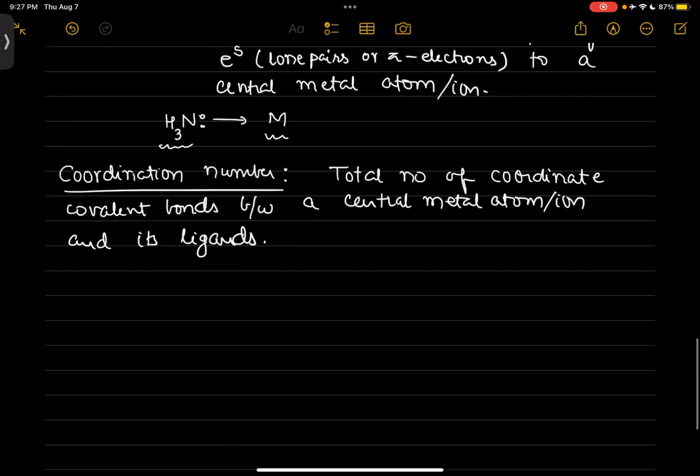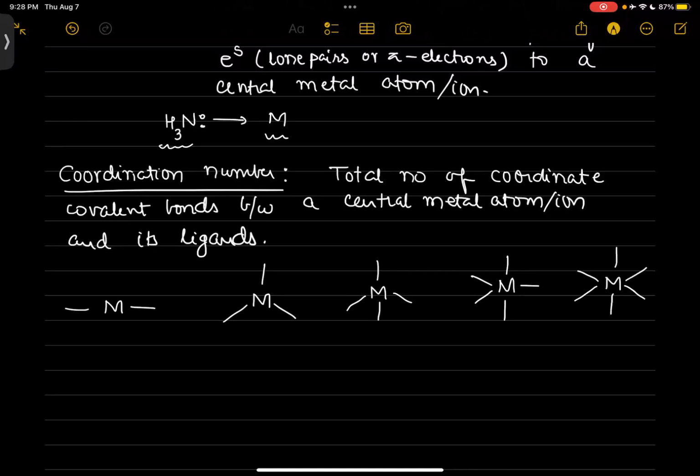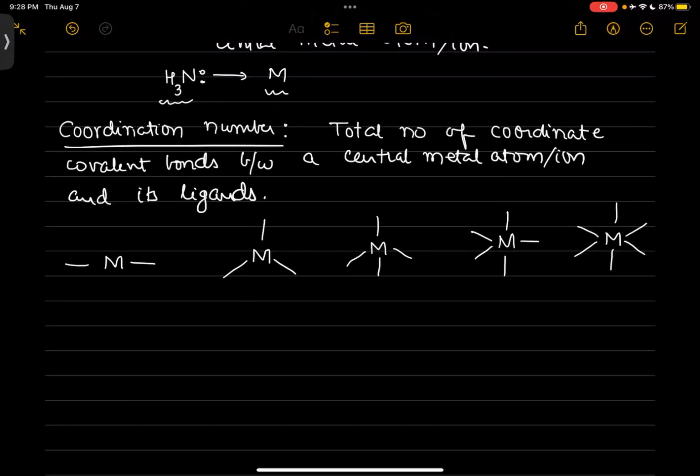Suppose you need to count the bonds in the structure, and I am writing in a very general way by representing the metal as M. Can you tell me the coordination numbers from left to right?